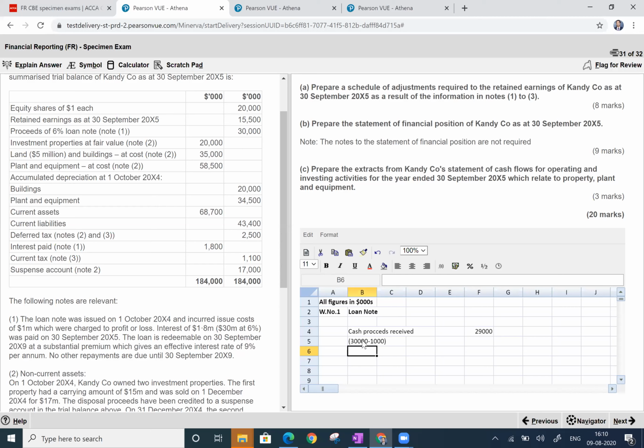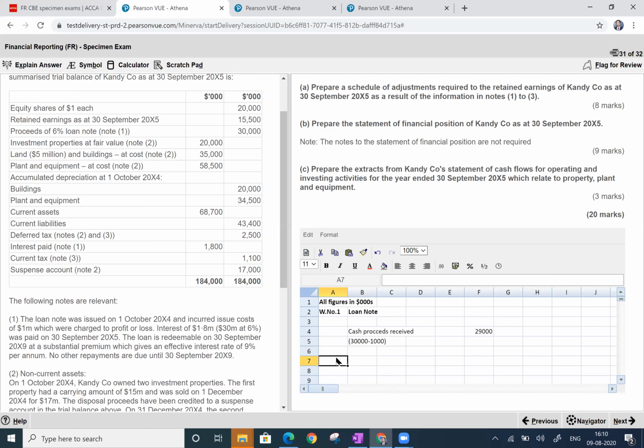Interest of 1.8 million, that is 30 million into 6%, was paid on 30 September x5. So interest paid is being shown, but that's wrong. We have to show effective interest. The loan is redeemable on 30 September x9 at a substantial premium, which gives an interest rate of 9%. No other repayments are due.